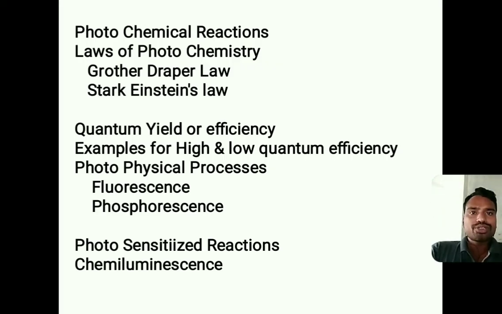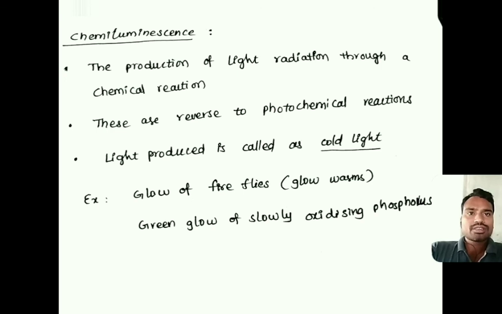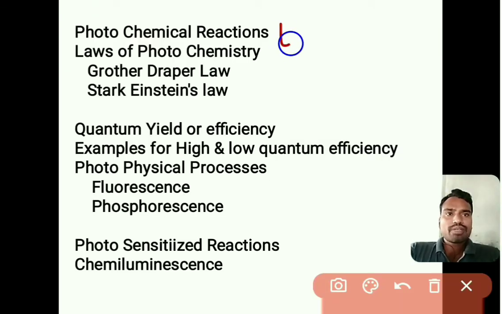In this photochemistry topic, these are the things we have discussed, right? What are photochemical reactions? What is the process of photochemical reactions? What is the primary process? What is the secondary process? How do photochemical reactions take place? After that, the laws of photochemistry.